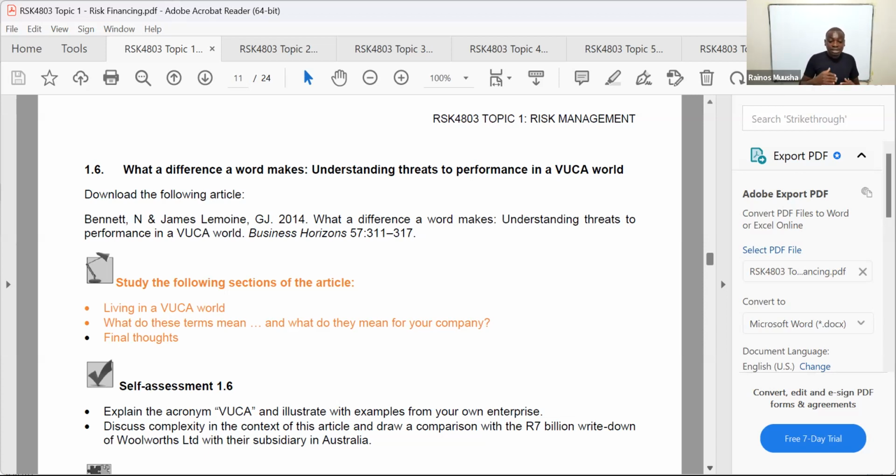Which means that risk management has become more and more complex because of the globalization of the international community. The VUCA acronym represents volatility, uncertainty, complexity, and ambiguity.